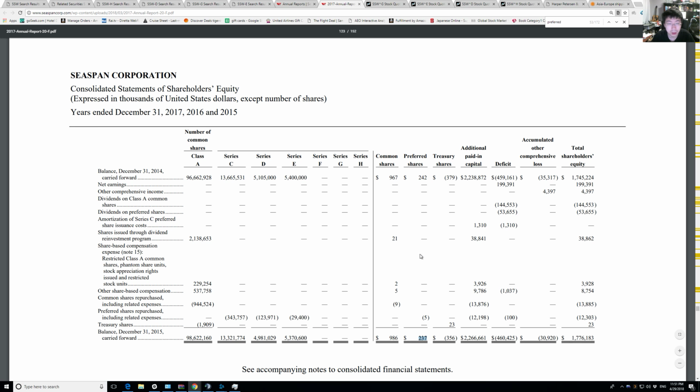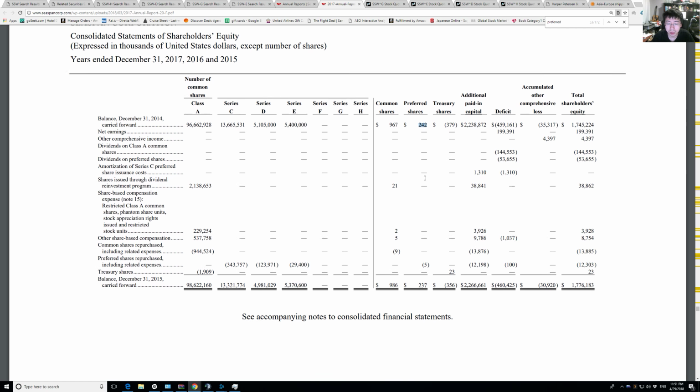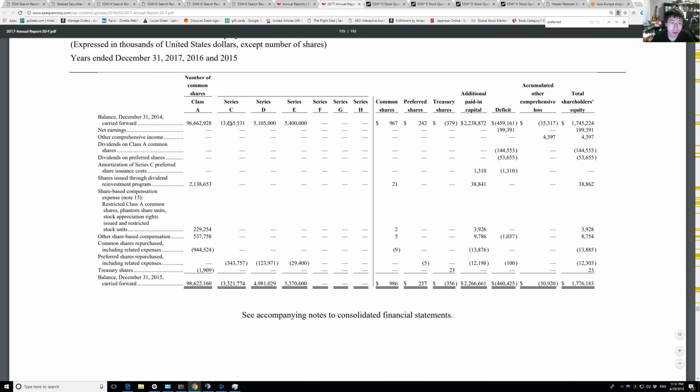That doesn't sound right. Should be million, I think. Oh, sorry, they're lumping together. They're using the par value, so this doesn't mean anything. You basically have to count this.